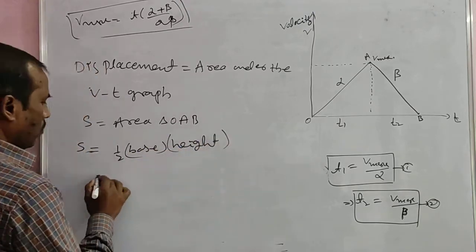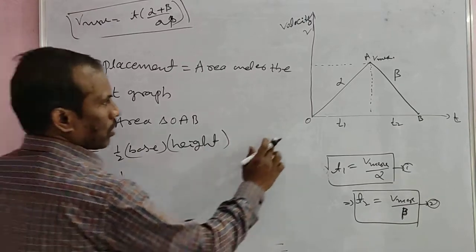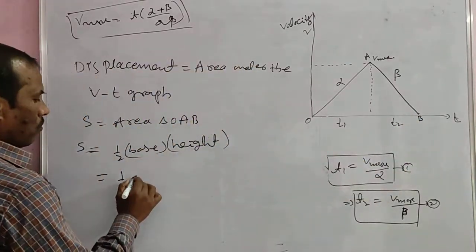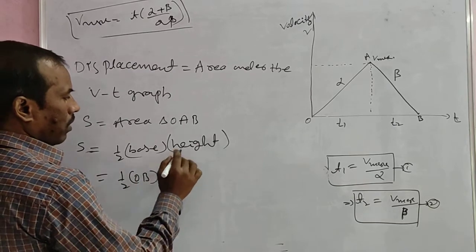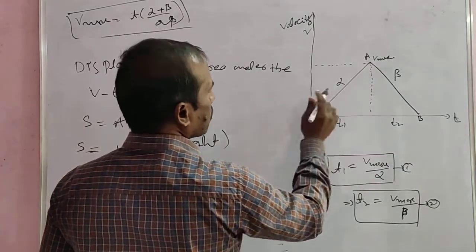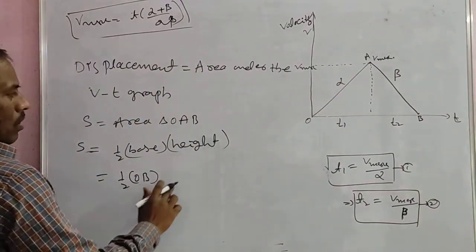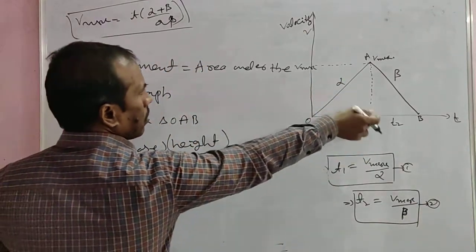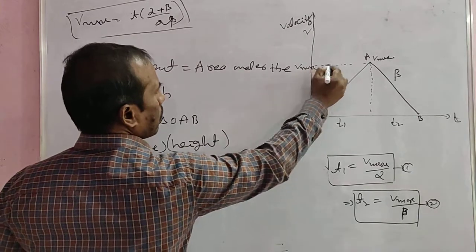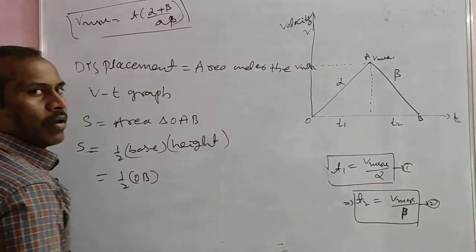Now 1 by 2 base, which is OB, and height, which is the maximum velocity. OA is equal to the maximum velocity.